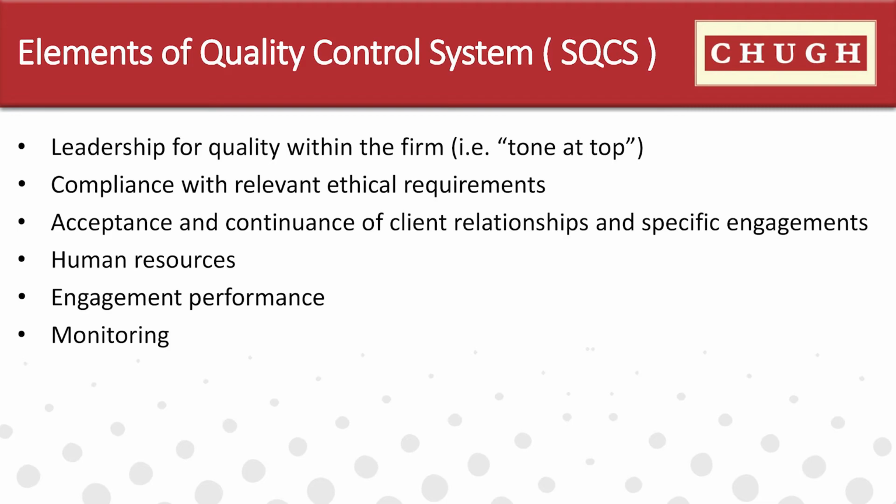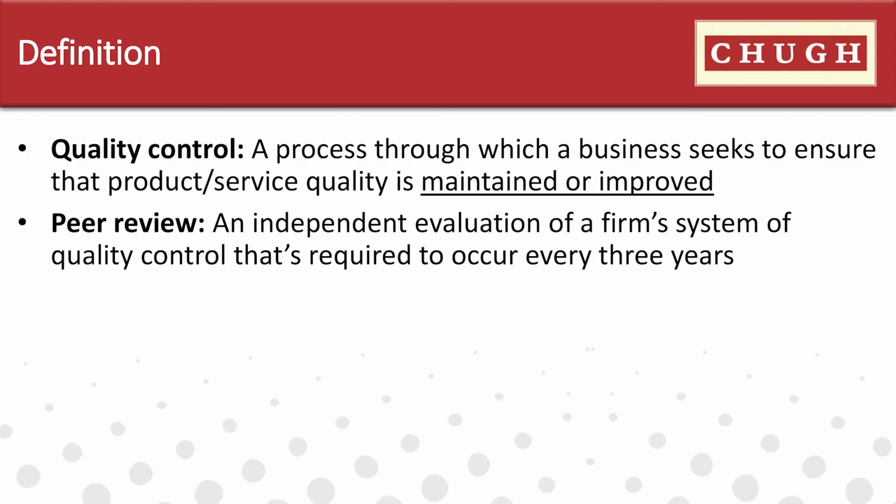In accounting and audit practice, if you want to comply with the applicable quality control standards, a firm should have these quality control elements. Okay, these elements in the slides, we have leadership for quality within the firm, shown at the top.